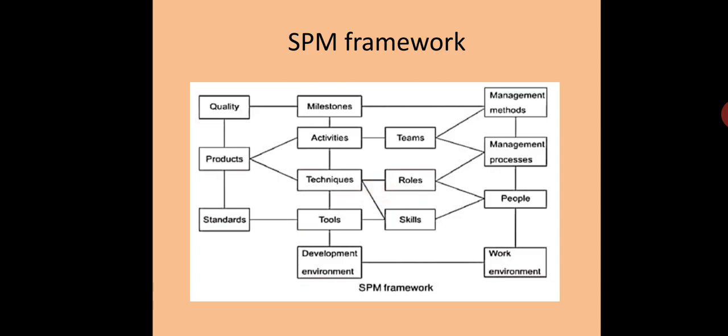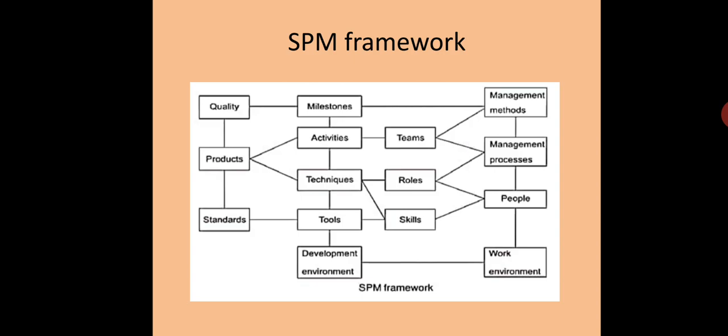Moving forward to something called the Software Project Management Framework, the SPM framework. The SPM framework looks something like this. All of these activities or processes and sub-processes make up the SPM framework.